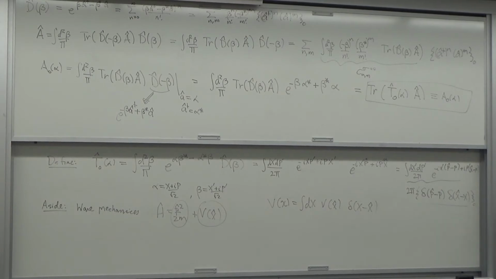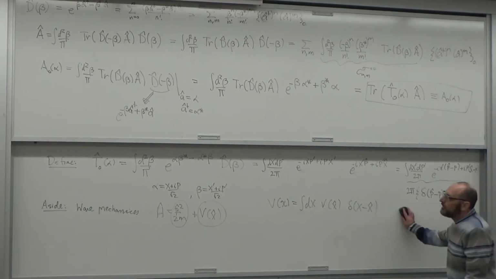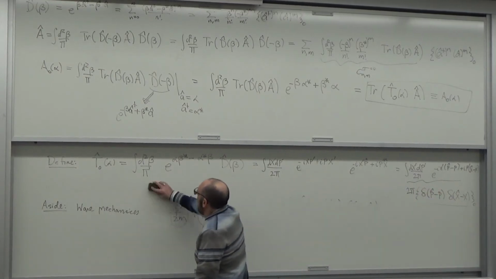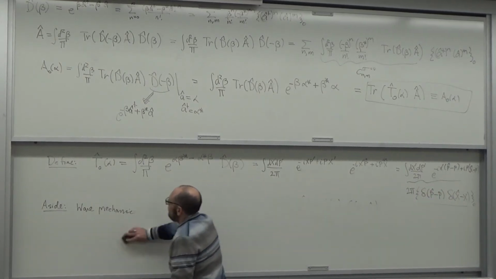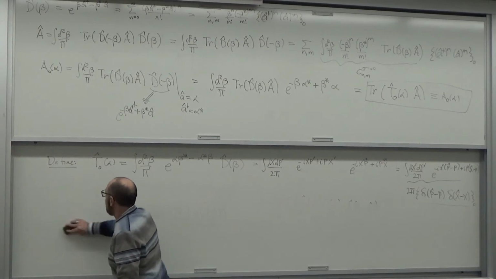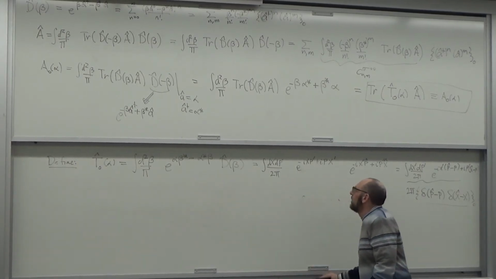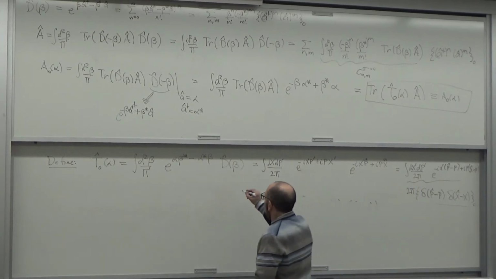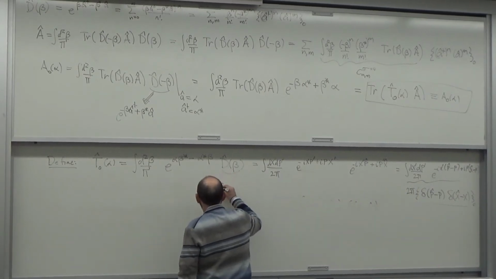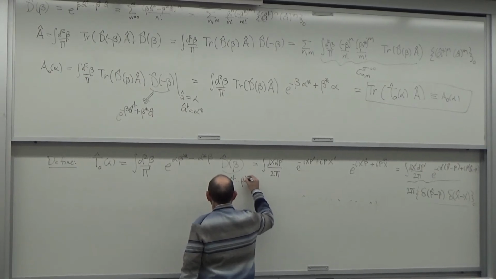Okay. Now, when we deal with quantum optics, we often don't deal directly with x and p. We deal with a and a dagger instead. So let's revisit this integral over here. Let's substitute in here e to the beta a dagger minus beta star a.